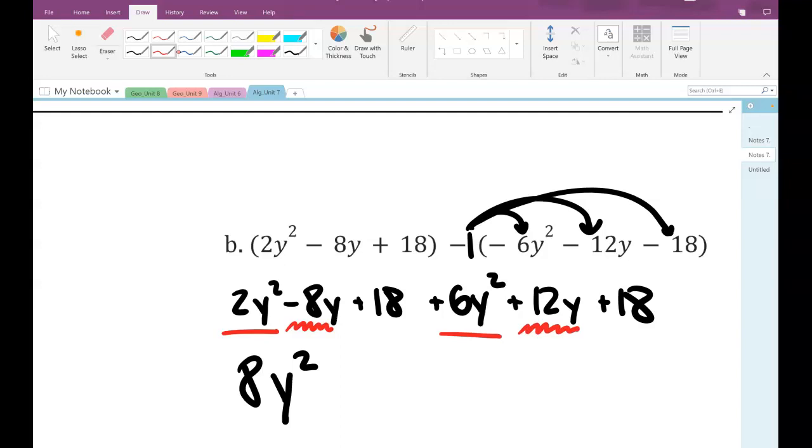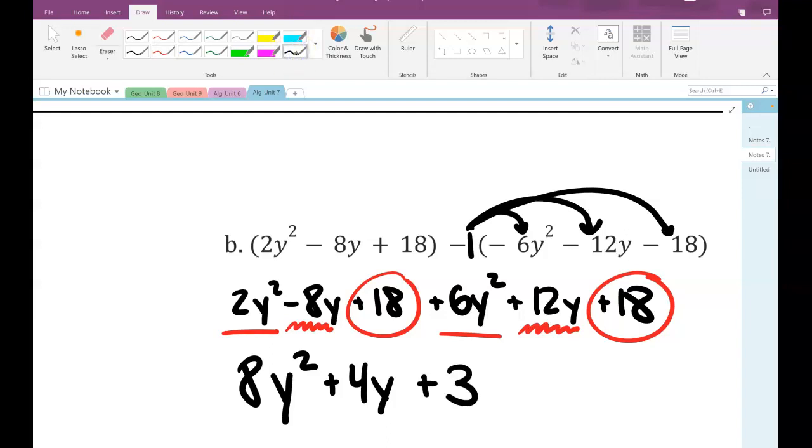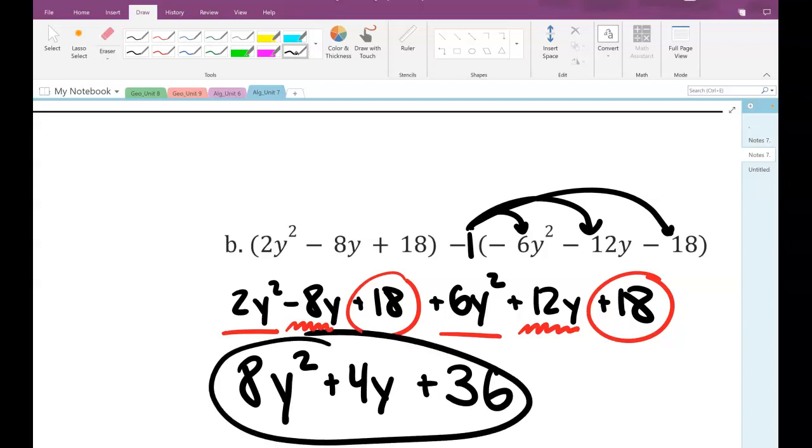So when I add those two together, I would get out a positive 4y. And then always your caboose of your polynomial, your constants. So we have an 18 and then another 18. So those added together are 36. So plus 36. So this is a trinomial that's degree 2 with a leading coefficient of 8.